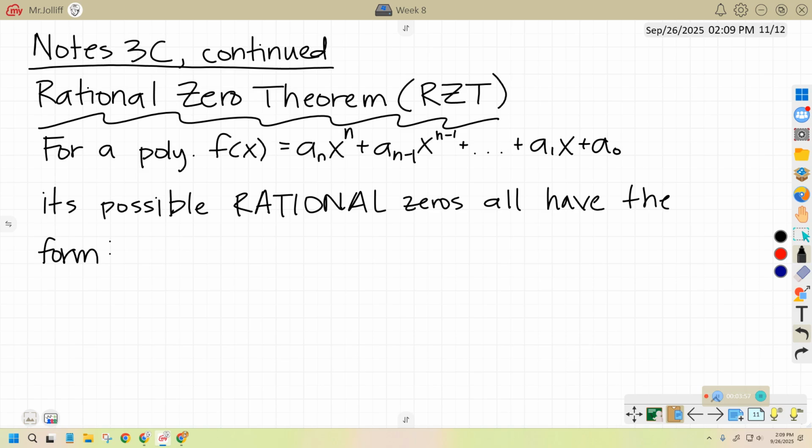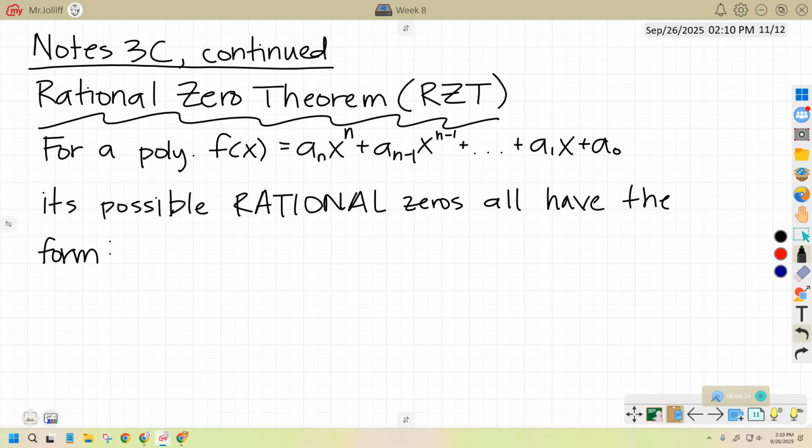Rational. What does it mean for a number, because we're finding zeros, which are numbers, to be rational? Does anybody remember? What's the English definition? In math class, the root of rational is ratio.